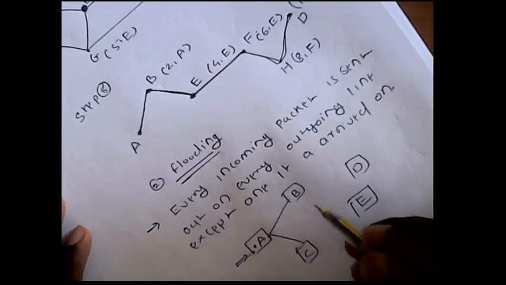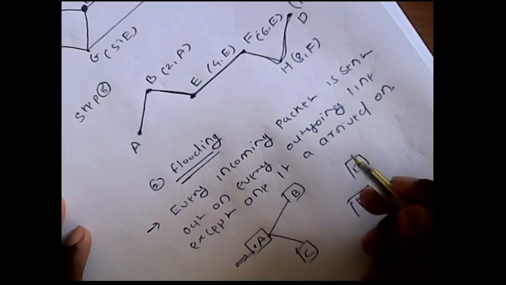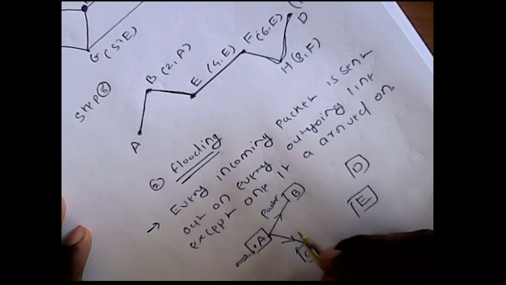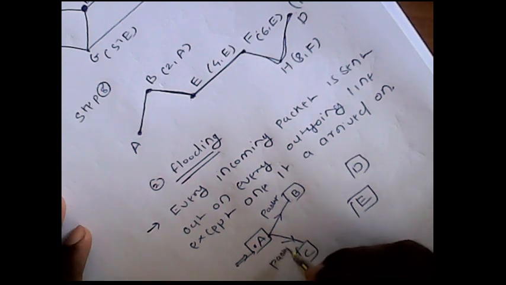So we can send every incoming packet. So an incoming packet at A, we can send on every possible outgoing line. There are two possible lines from A, that is B and C. So we can send a packet on the B line to B, and also on the C line to the C router.